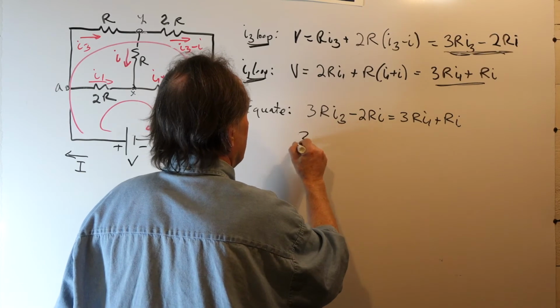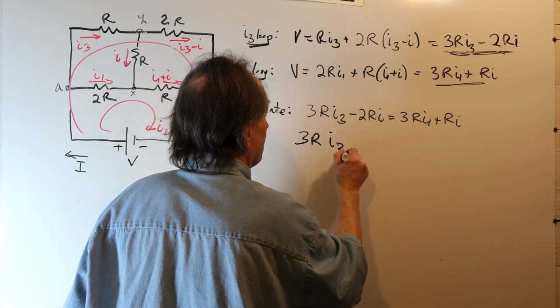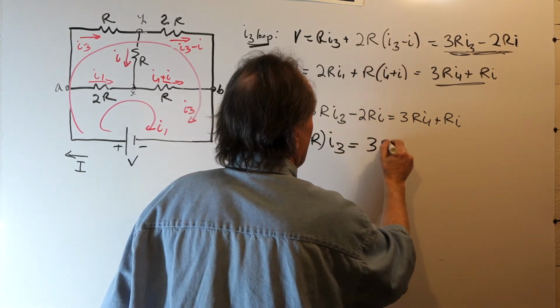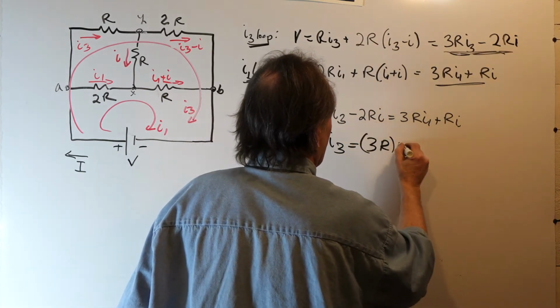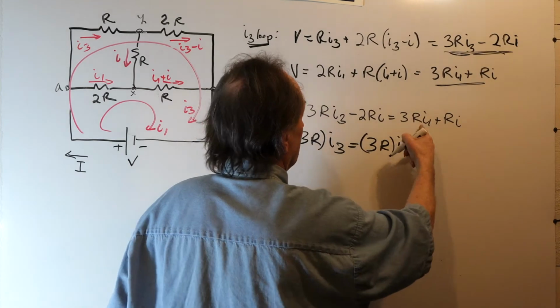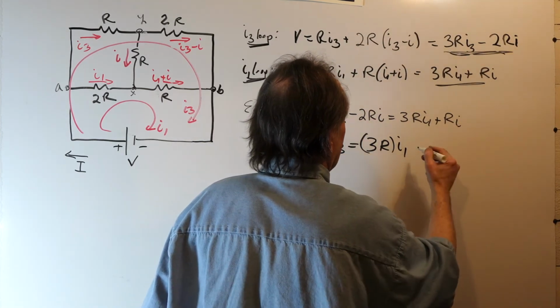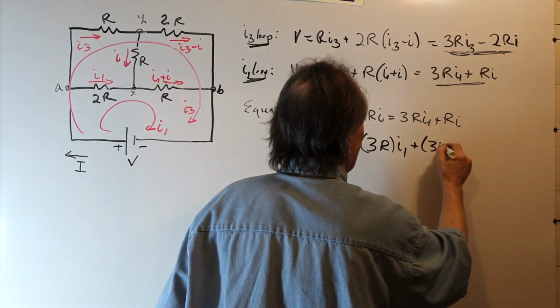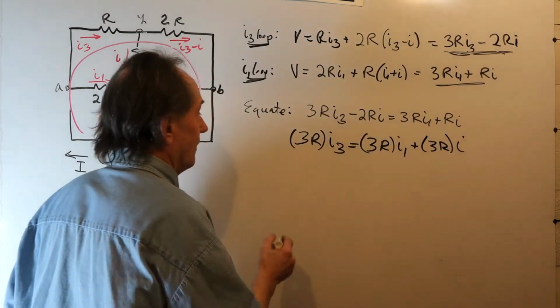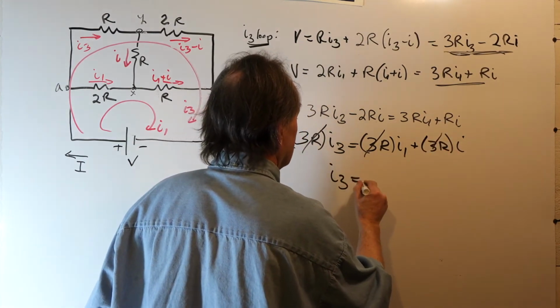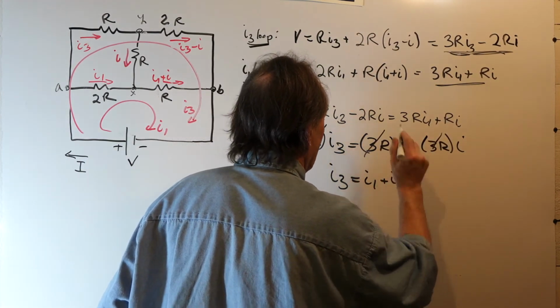Combining like terms, we have 3R I3 equals 3R I1, and then the 2R I combines with this R I to give us plus 3R I. Well, the 3 R's cancel, and we end up with I3 equals I1 plus I.